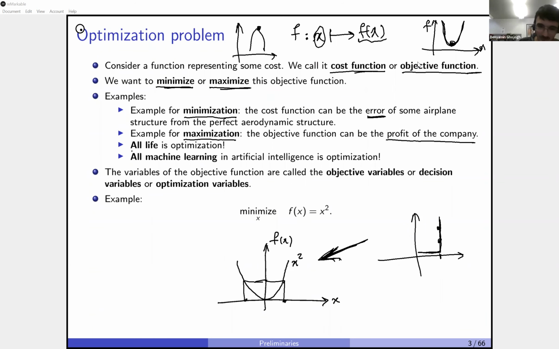And we can get philosophical and say all life is optimization. If you look at it very precisely, you'll see that I'm right. I'm saying that all of your life is optimization. You want to either minimize the cost of something or maximize the profit of something in any aspect of life. Also, this optimization of life is not simple. It might be simple sometimes, but it's usually multidimensional and complex.